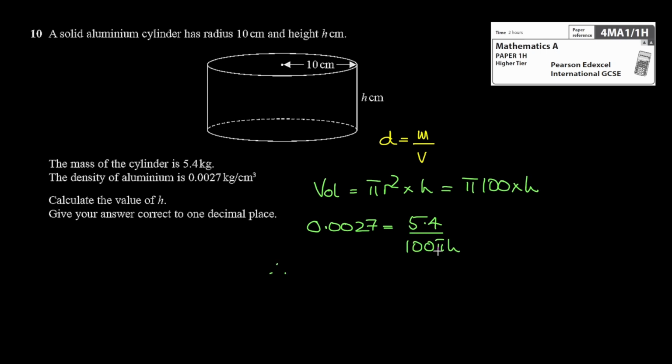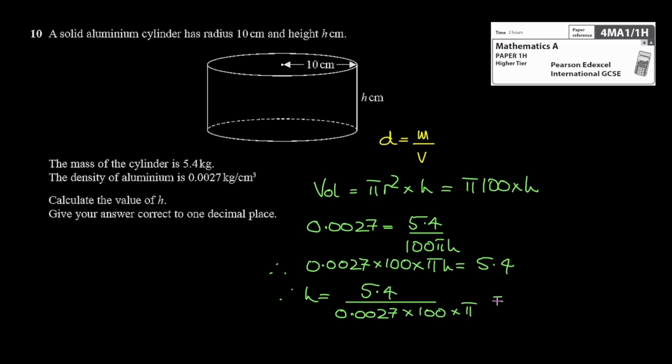So moving things around, this lot comes up here and multiplies by the 0.0027, so I get 0.0027 multiplied by 100 multiplied by pi h is equal to 5.4. Therefore, h is equal to 5.4 divided by this lot.